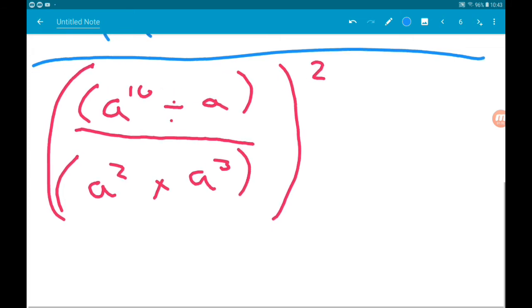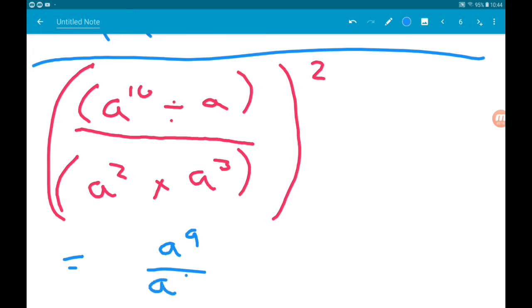So we're going to get a to the power 10 divided by a is a to the power 9. On the bottom, a squared times a cubed is a to the power 5. So that is all being squared.